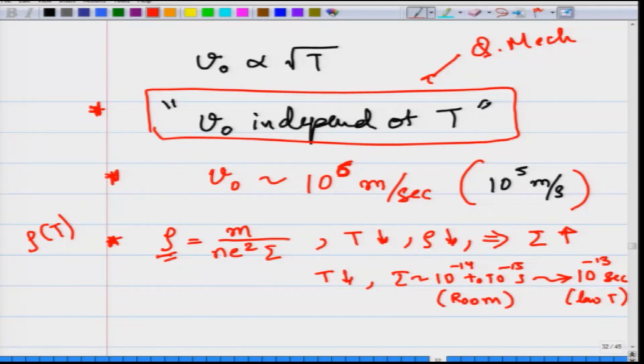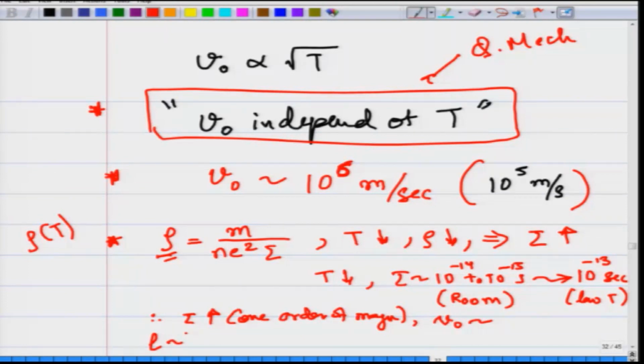So, it goes from 10 raised to minus 14 to 10 raised to minus 15 seconds to 10 raised to minus 13 seconds, and therefore, tau has increased by 1 order of magnitude compared to Drude's model calculation, as well as the velocity of the electron has increased by 1 order of magnitude.